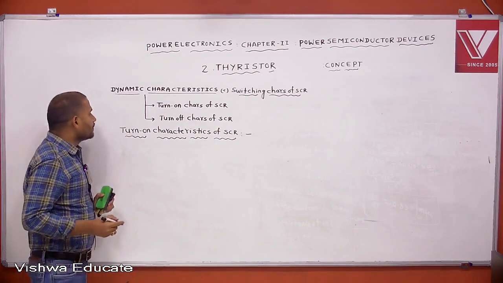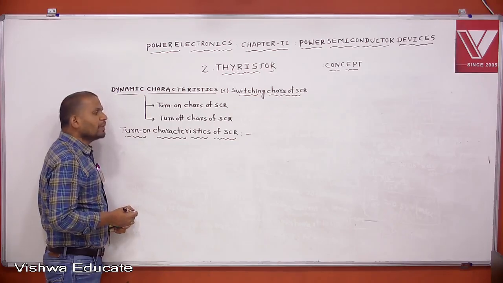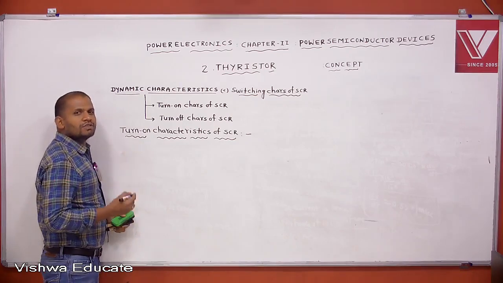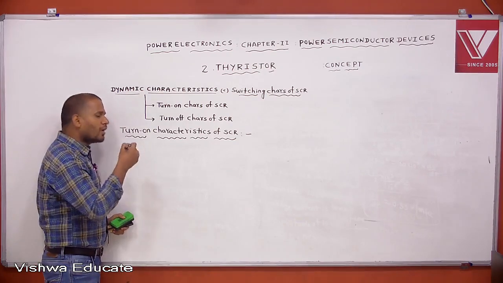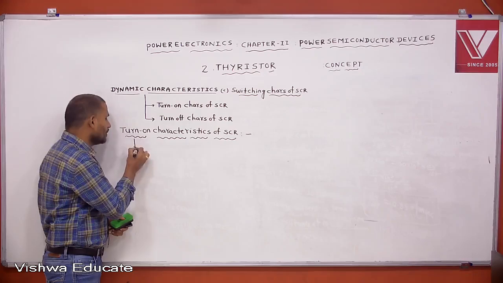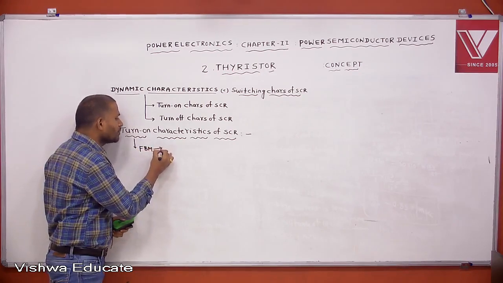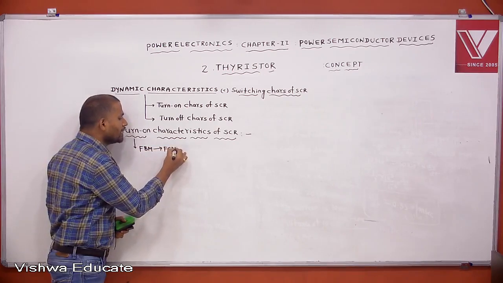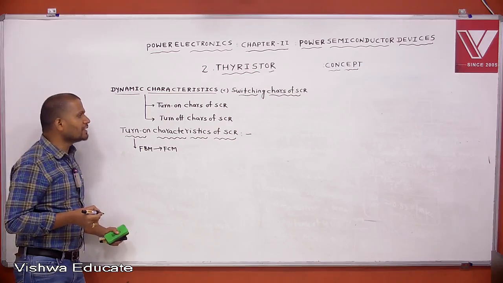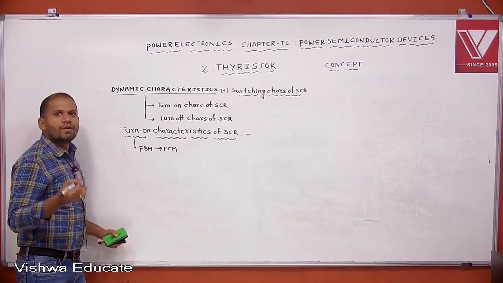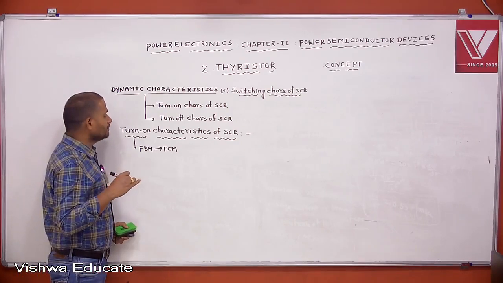We know that. What do you mean by turn on? Turn on of SCR is nothing but the process of bringing the SCR from the forward blocking mode to forward conduction mode. The process of bringing the SCR from the forward blocking mode to forward conduction mode is called turn on.